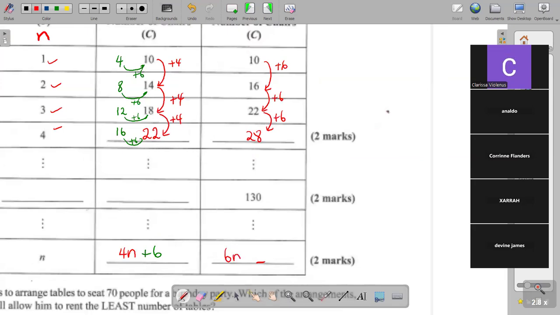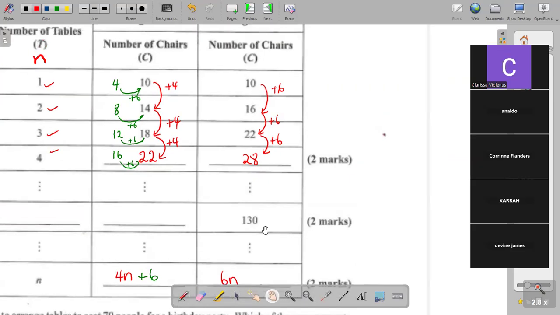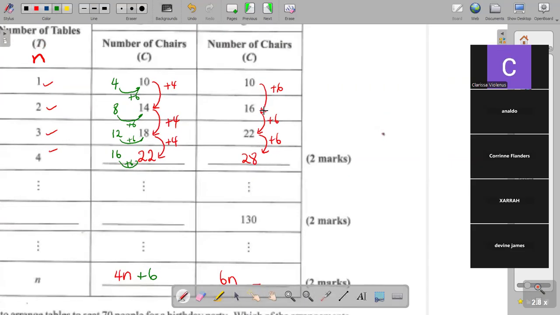6n. Very good. So what numbers should I write in front? They're going to be 6, 12, 18, 24. Everybody agree? Multiples of 6 since we're doing 6n.